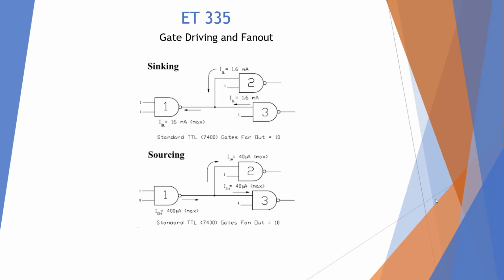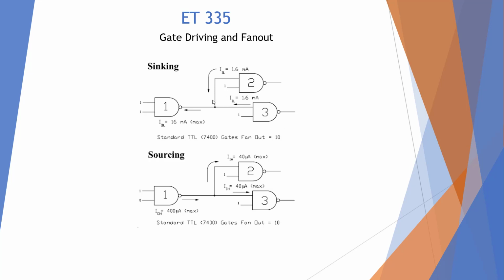Here's the gate driving and fan out. What we have here is sinking mode, and we can drive a certain amount of gates depending on the type of gate it is. So here we have an output. It'll drive 16 milliamps, okay? But the gates on the other side will pull 1.6 milliamps when they're in the low mode.